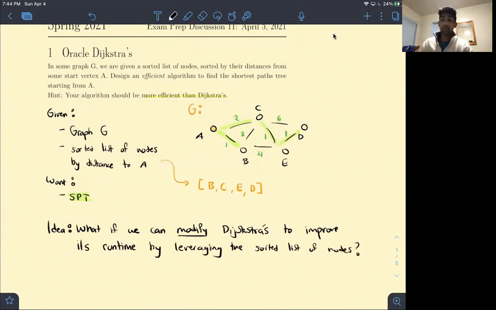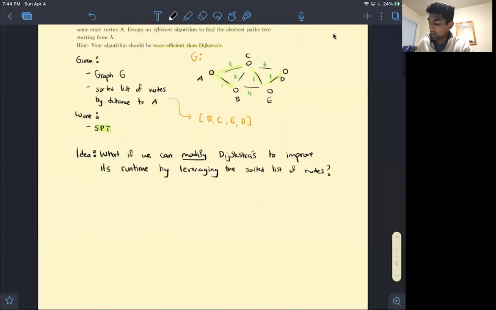Okay, so this is my idea. And in order to achieve this, let's first recall the algorithm for Dijkstra's.